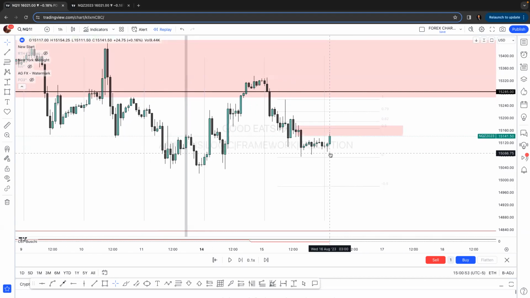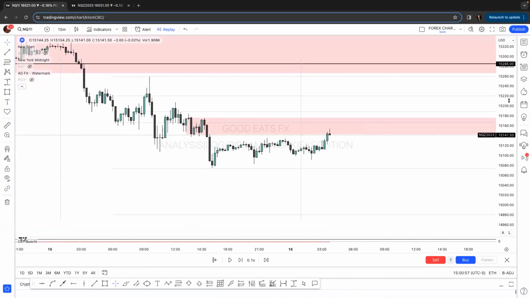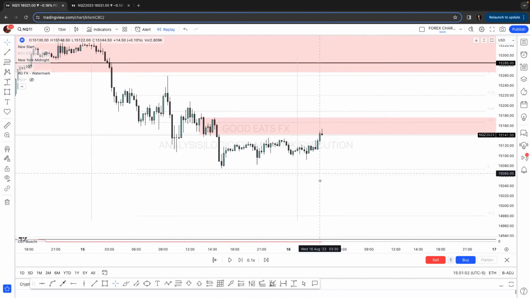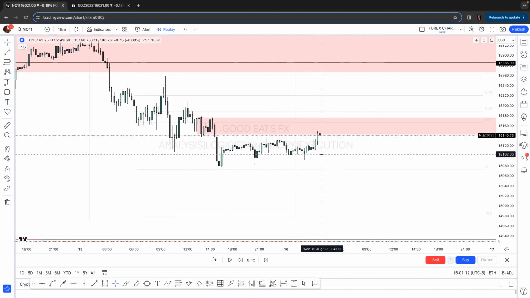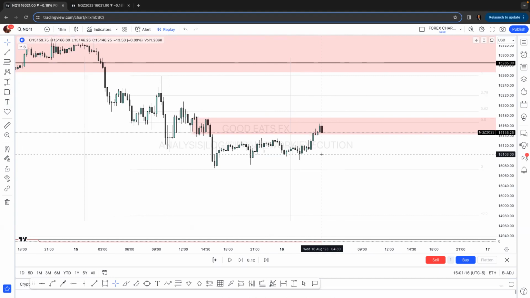Okay, and I think we can go to the 15-minute time frame. This is for short-term trading. That's what this is about, short-term trading. So now here we are at 3:30 in the morning, right here. London's aggressively pushing up, right? And we've hit our point of interest at 4:30 in the morning.